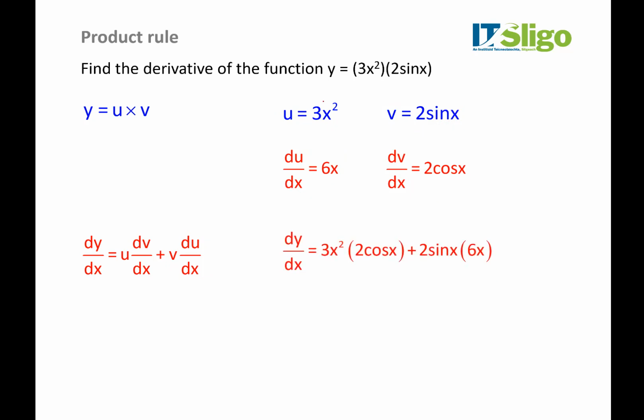So when we write it out, there's u dv/dx plus v du/dx. Now finally, there's always an order in which to write things. So numbers go first: 3 by 2 is still 6. Be careful here, 6x, this will come over to the front.